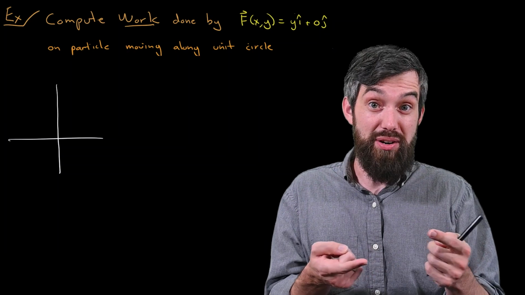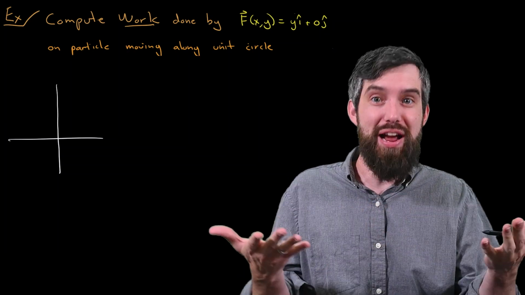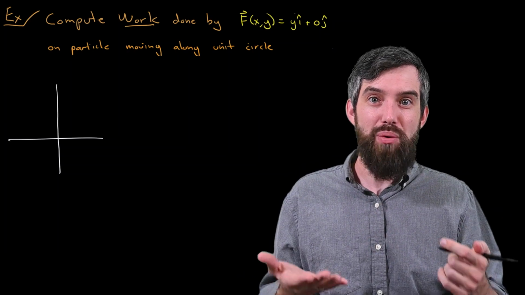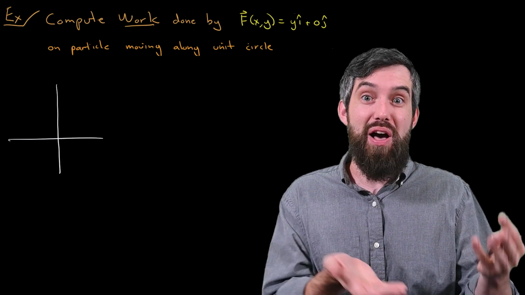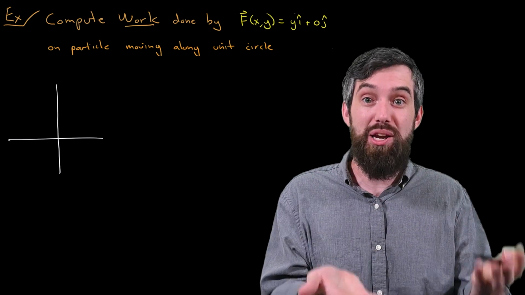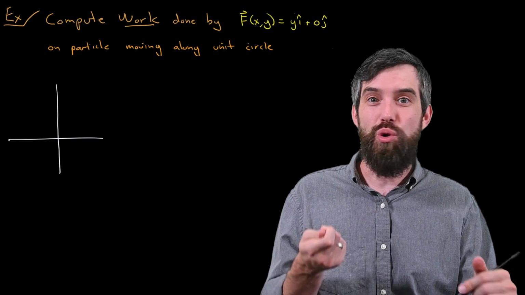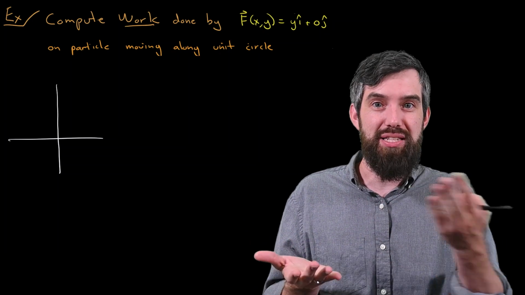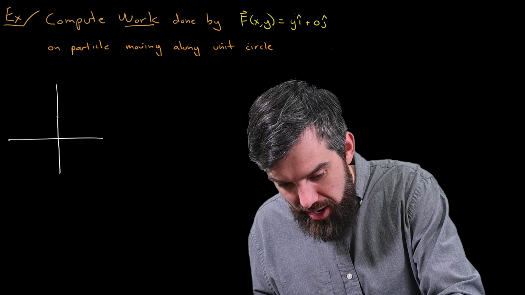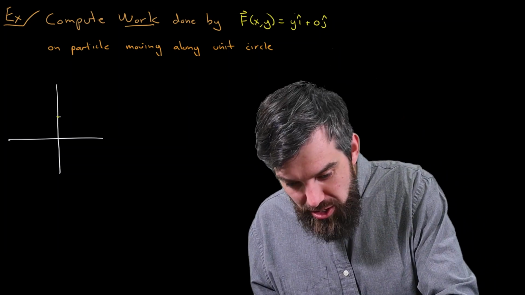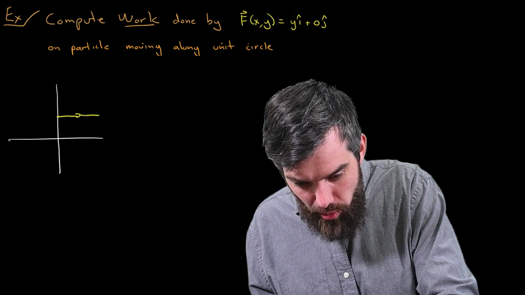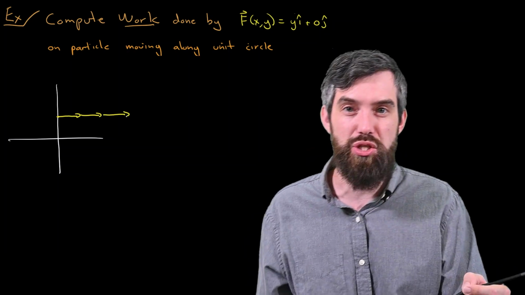First of all, there's 0 j-hat component, so all the vectors are pointing horizontally. Also notice, it doesn't matter what the value of x is, x never appears anywhere. All that matters is the height. For example, if you are at height 1, so any value of x and then y equal to 1, say this point right here at (0, 1), the vector points exactly 1 to the right, 1 to the right, and so forth.